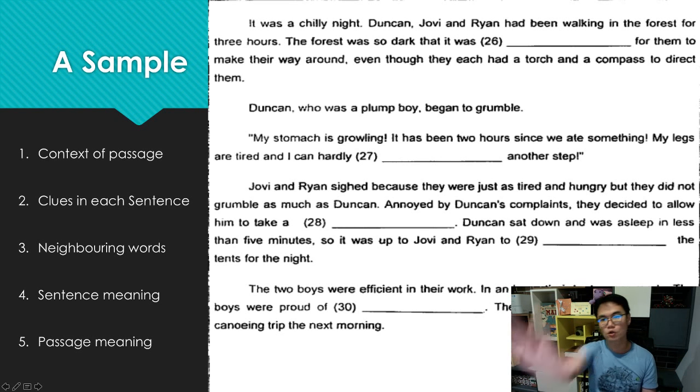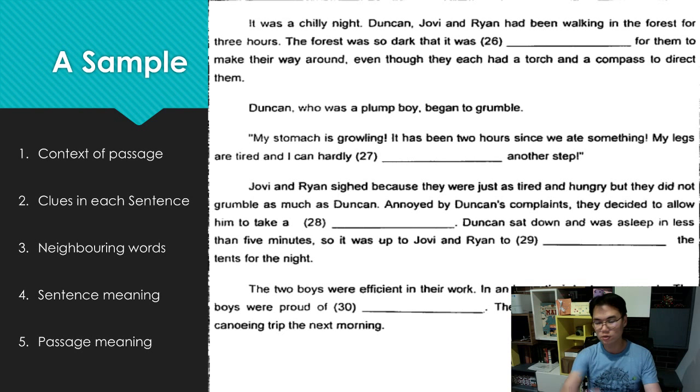Okay, but if I look through the passage very quickly, I kind of get a sense that it's about these 3 boys, Duncan, Jovi, and Ryan, walking through a forest at night. It looks as if they're in the forest for some kind of a camping trip, because I see the word tents, and then I see the word canoeing trip. So it could be some kind of an adventure or an excursion.